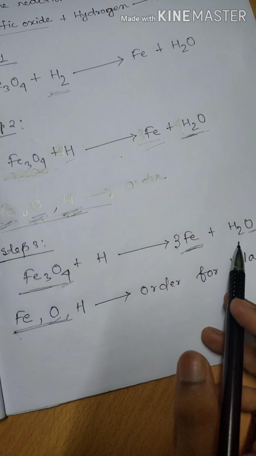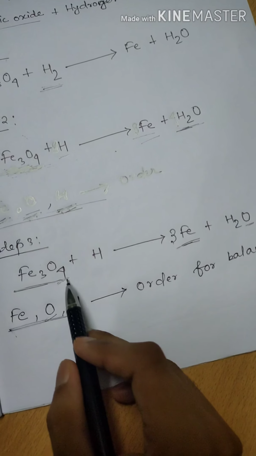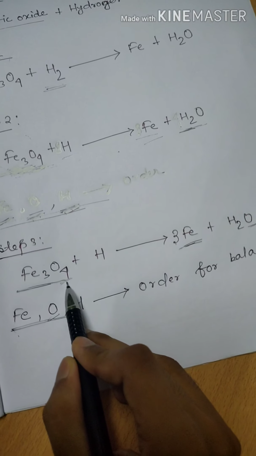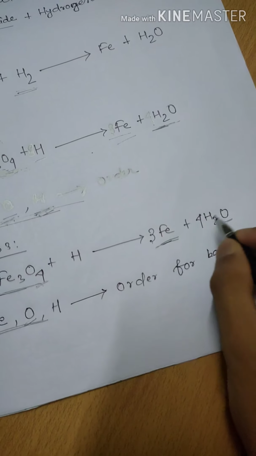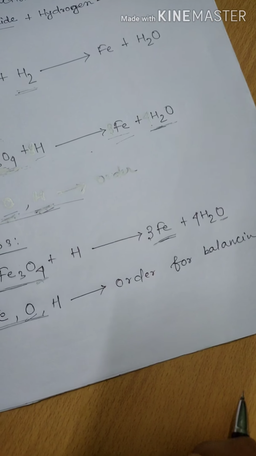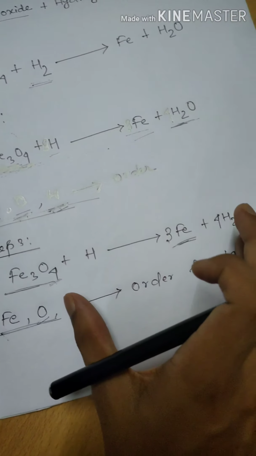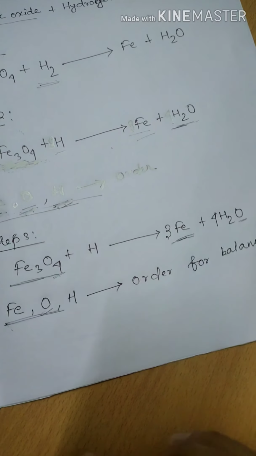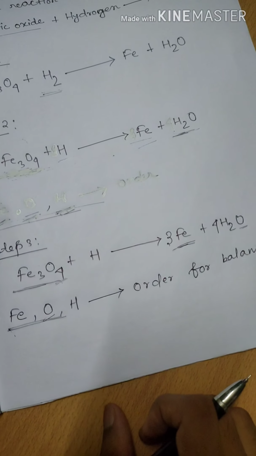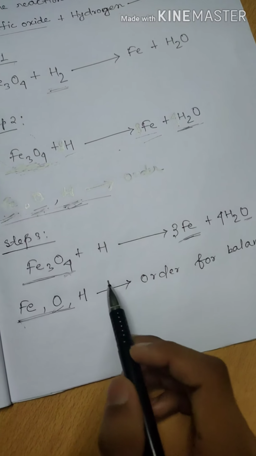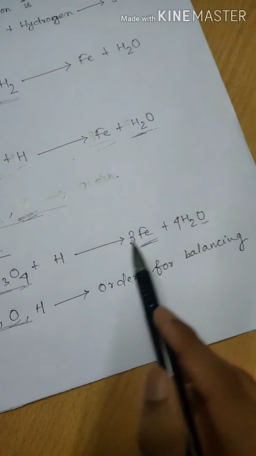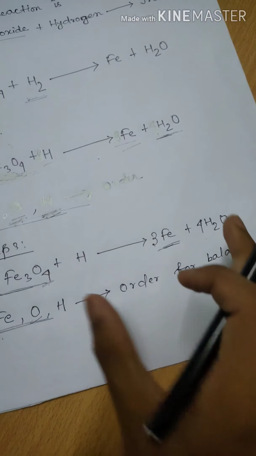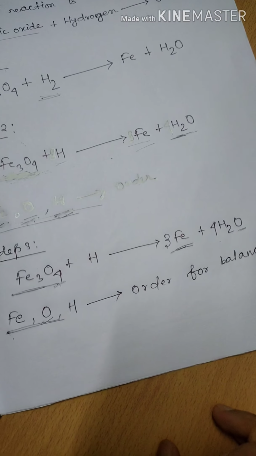Since 4 oxygen atoms are present on the left side, we have to multiply by 4 here, then only the number of oxygen atoms will be the same on both sides. Now you see the number of oxygen atoms on the left side and on the right side is equal.